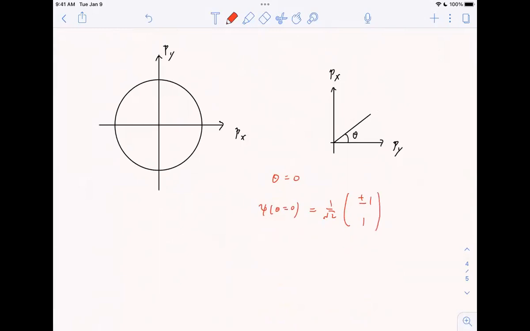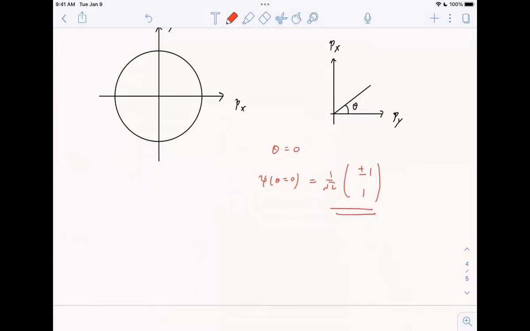Okay, so if you remember, let's look at the top one, 1, 1, and negative 1, 1. So this is the eigenstate of sigma x. Okay, the eigenstate of sigma x. So when you solve the spin, you have 3 kinds of eigenstates, right? So the Sx plus and minus eigenstate will give you plus and minus 1.